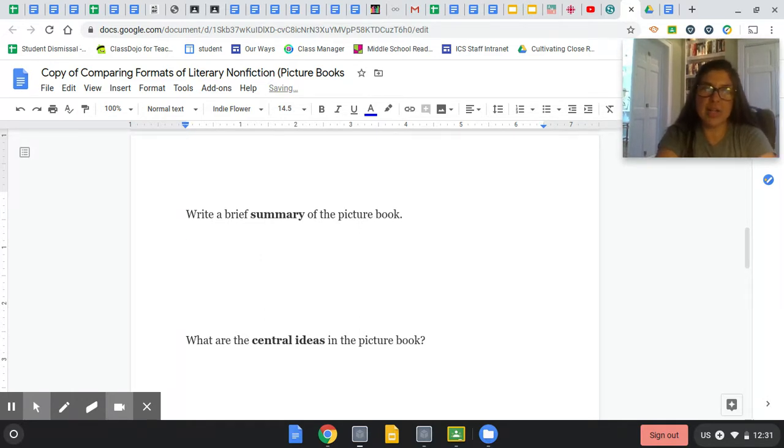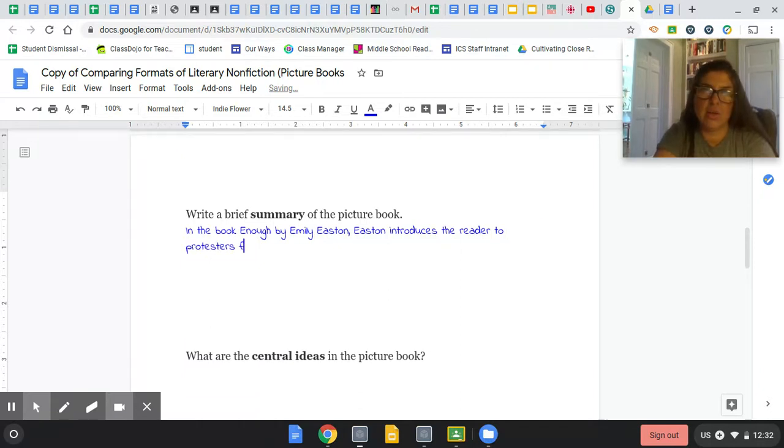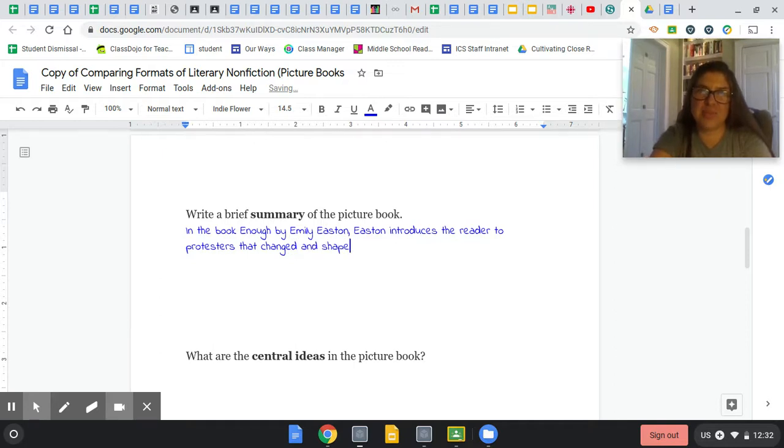So my summary might start out, in the book Enough by Emily Easton, Easton introduces the reader to protesters that changed and shaped American history.